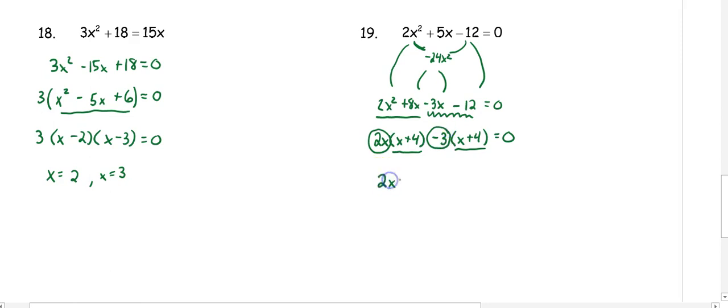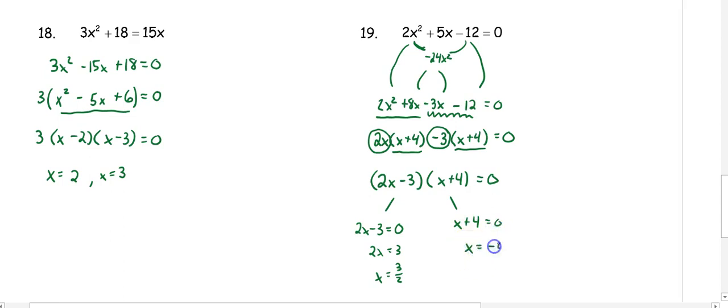So we would have 2x minus 3. And then we're going to write the repeating parenthesis once, so x plus 4 equals 0. Then when we solve, 2x minus 3 equals 0. So we have 2x equals 3, x equals 3 over 2. And x plus 4 equals 0, so x equals negative 4.